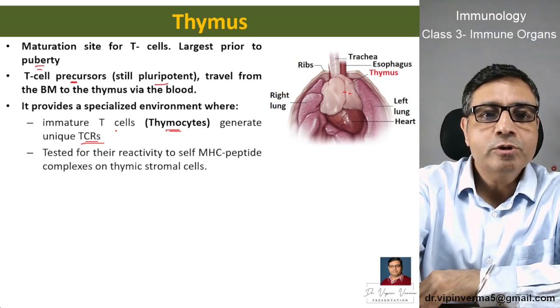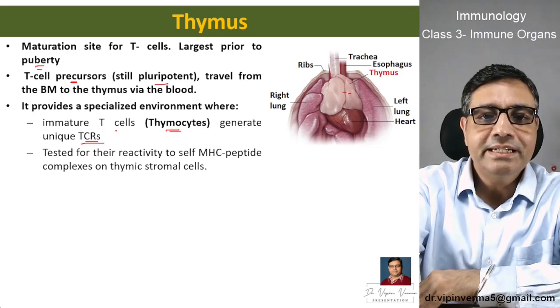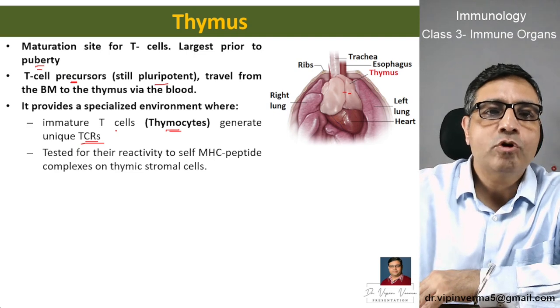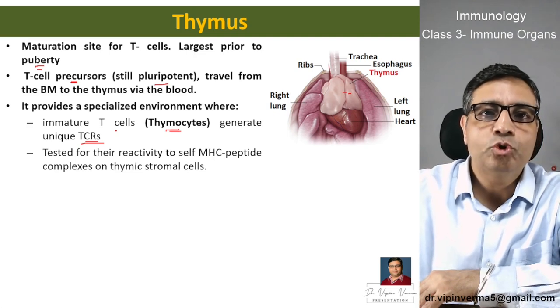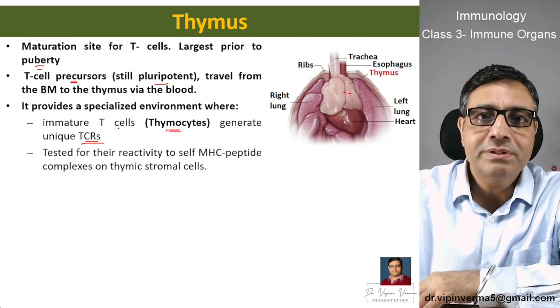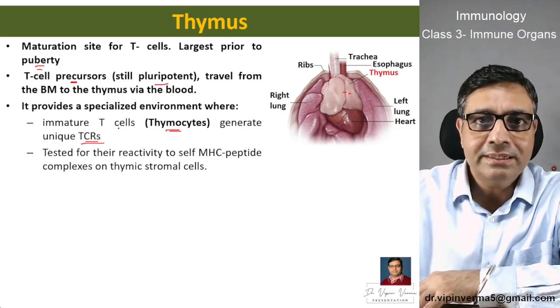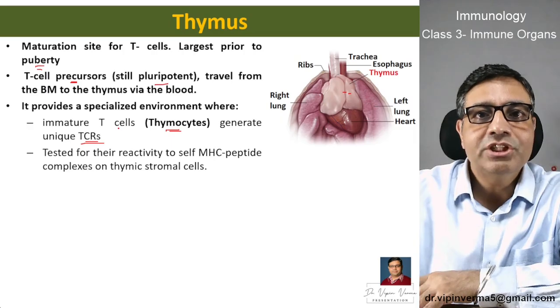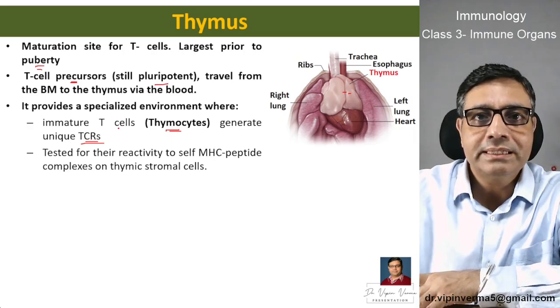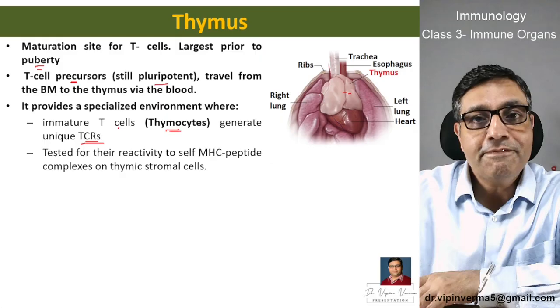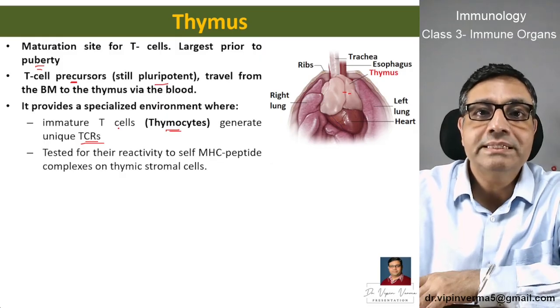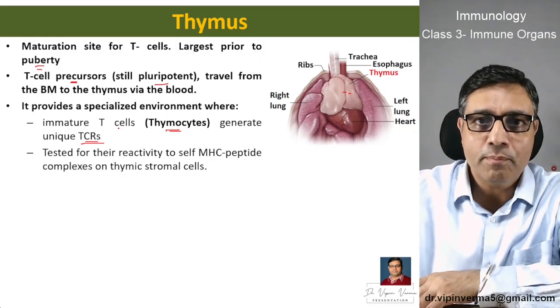And then they are also tested for their reactivity to self MHC peptide complexes on thymic stromal cells. Thymic stromal cells are the supportive cells, and they test whether the TCRs generated on the T cells are self reactive or not. If they are self reactive, then it may create a problem.